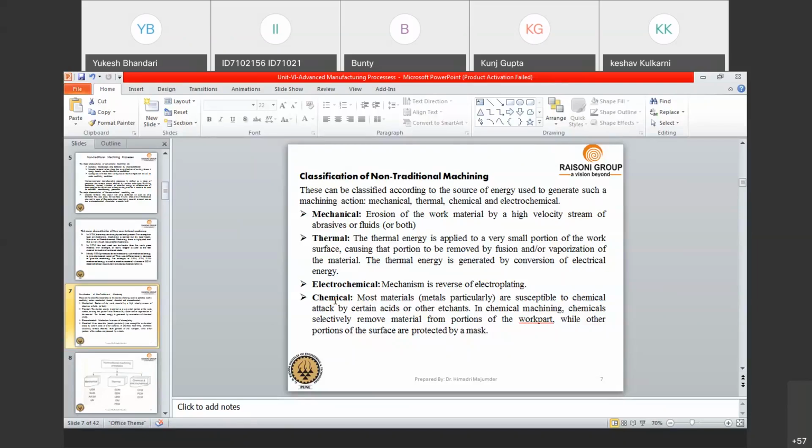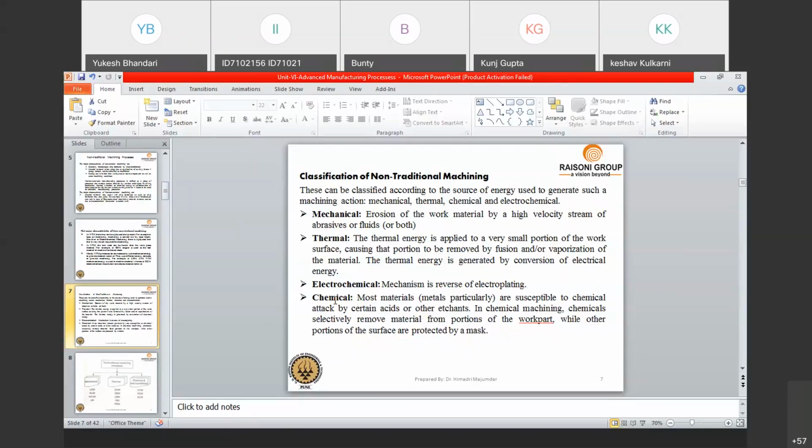Again, in thermal energy sources, the thermal energy is applied to a very small portion of the work surface, causing that portion to be removed by fusion or vaporization of the work material. The thermal energy is generated by conversion of electric energy.